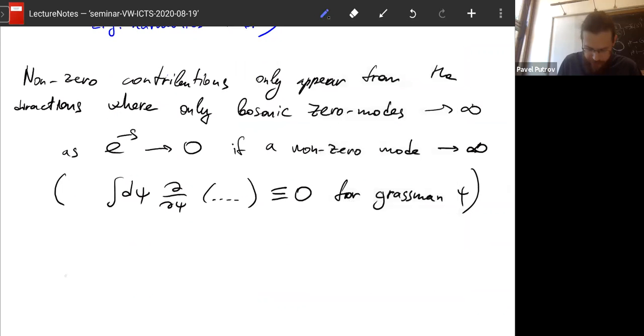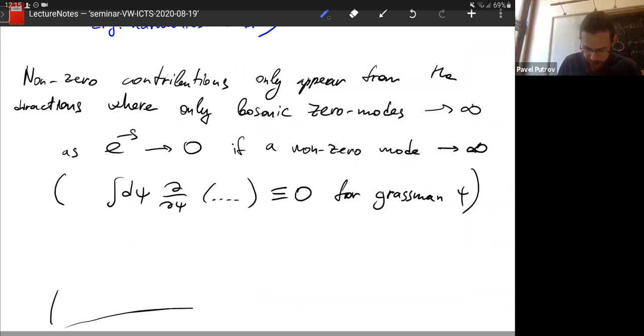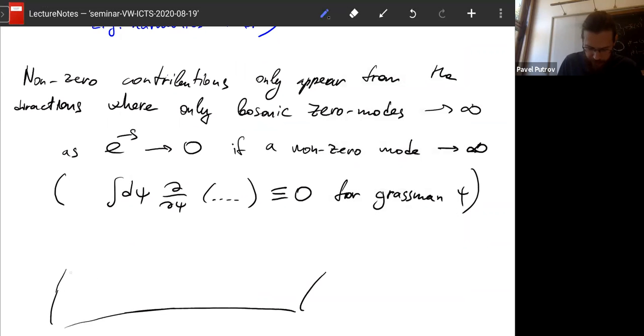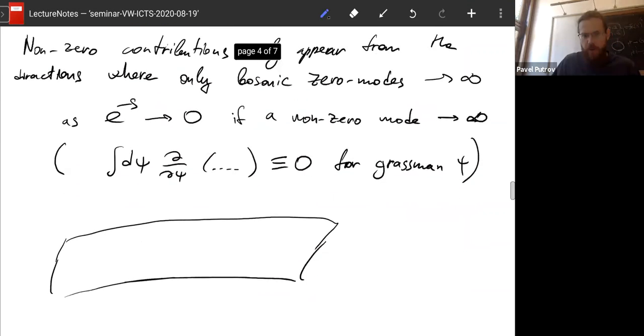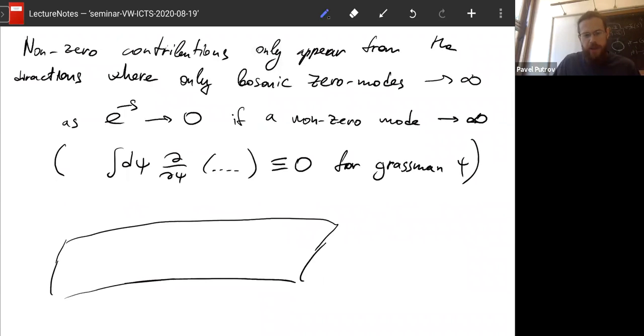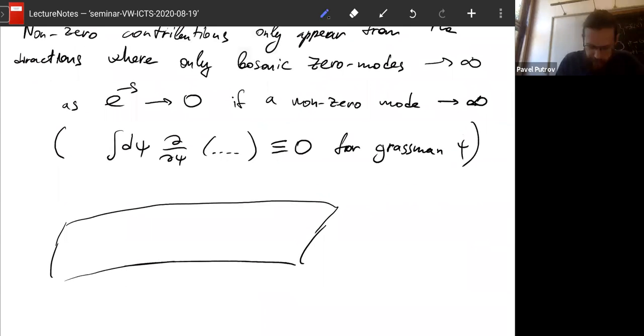One can visualize this situation as follows. One can understand the space of all fields as a certain finite dimensional base, which is bosonic, where the bosonic zero modes live.